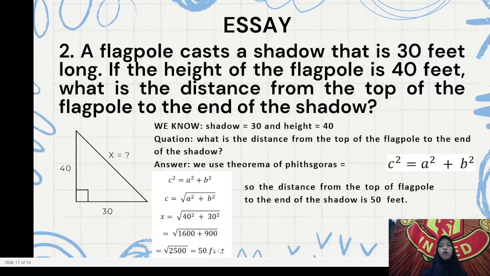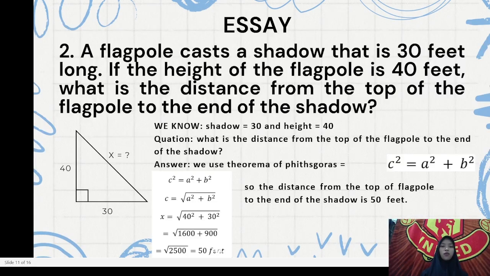Answer: we use the theorem of Pythagoras. C squared is A squared plus B squared, so C is the root of A squared plus B squared.